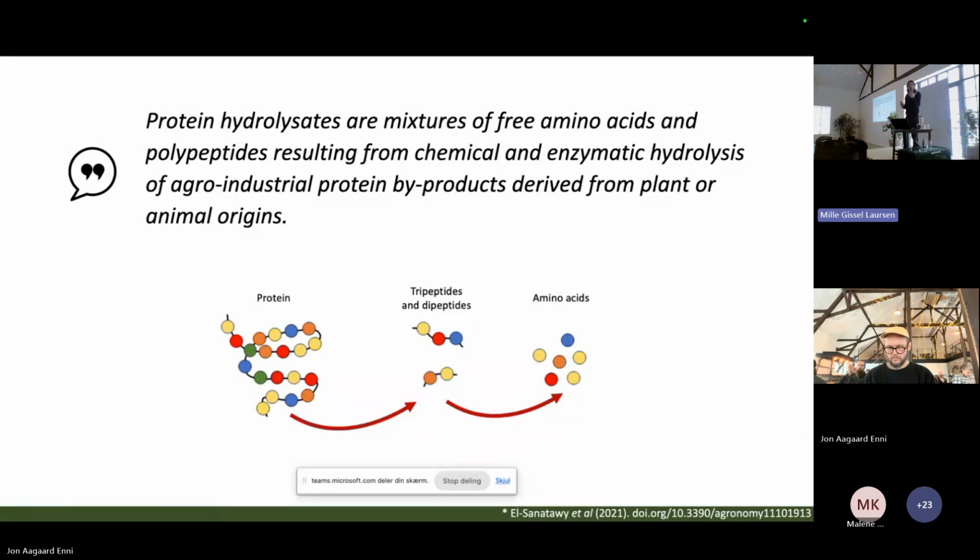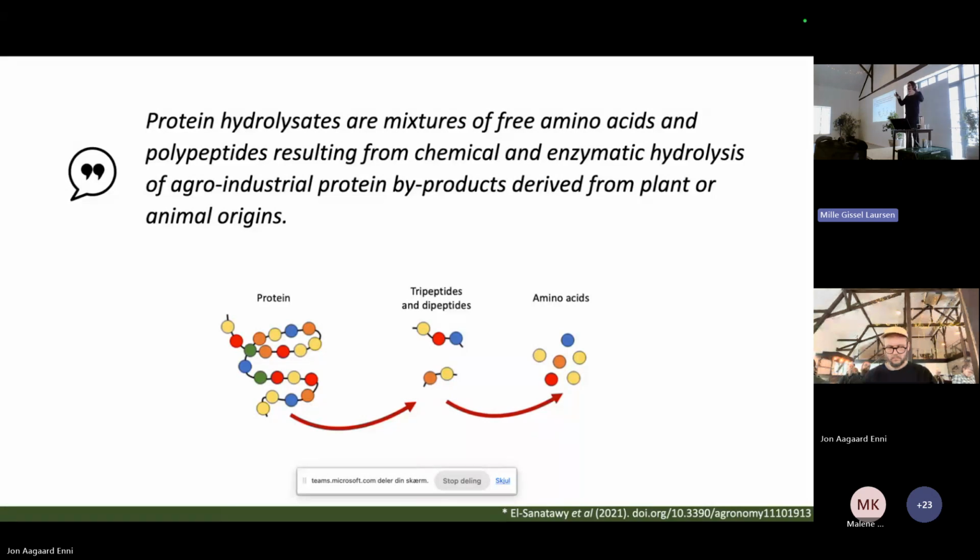You could use all sorts of products, of animal origin or plant origin. Some animal origin ones are a fish hydrolysate, or animal wastes like organs, feather meals or blood. Animal waste products are very high in protein, so we can take that high protein material, digest it and break it back down into the aminos.